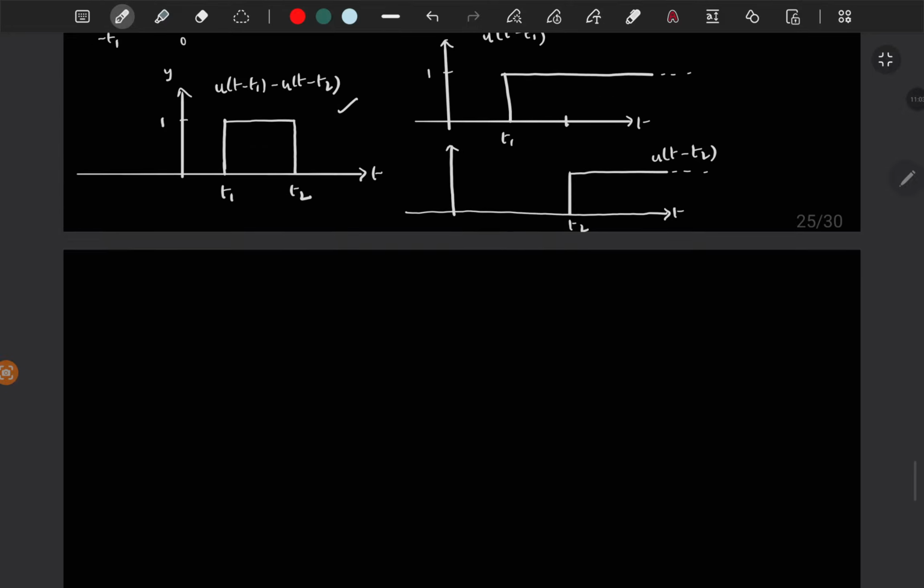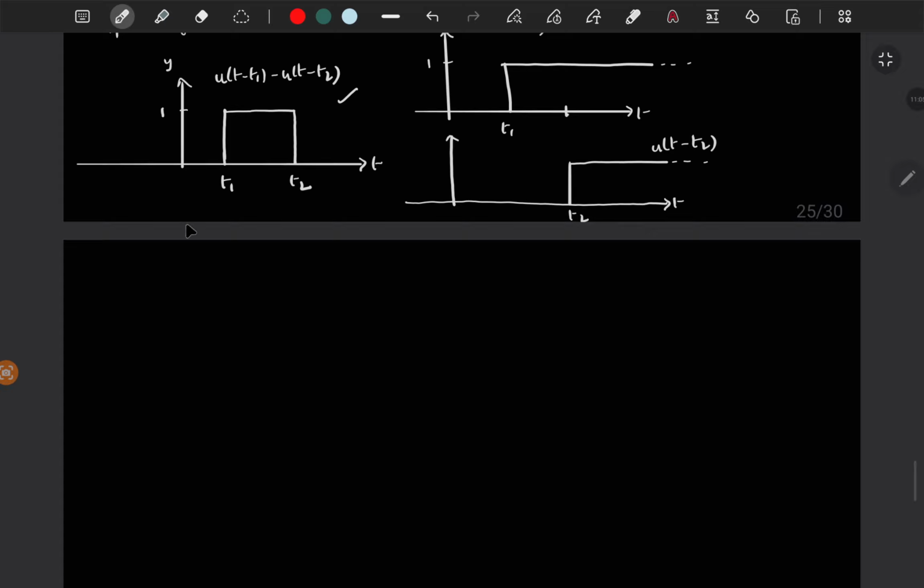And logically, or if you want any, let's say, shortcut, then see, this is starting from t1, right? So you just have to write, and this is unit step function from t1, until t1 it is 0. So you have to write u of t minus t1 because it is right shifted. Then after that, if you keep this continuously, then this 1 will go on till t tends to infinity, but we don't want that.